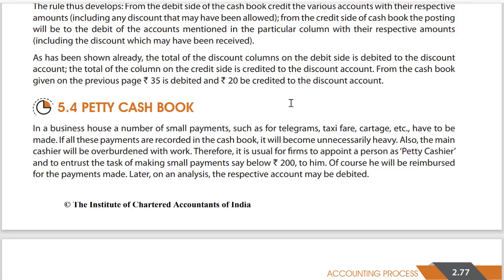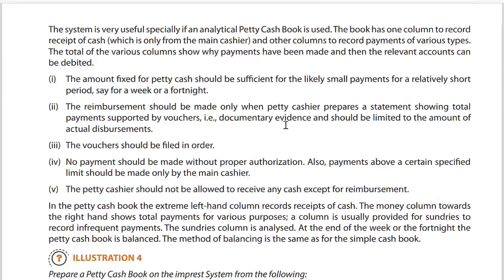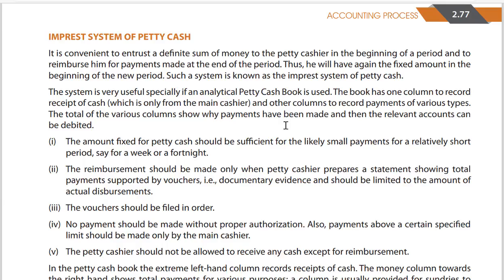Imprest system means there is a main cashier and a petty cashier. The main cashier transfers an amount to the petty cashier, and at the end of the month the petty cashier submits a statement to the main cashier, and the main cashier again reimburses the petty cashier.